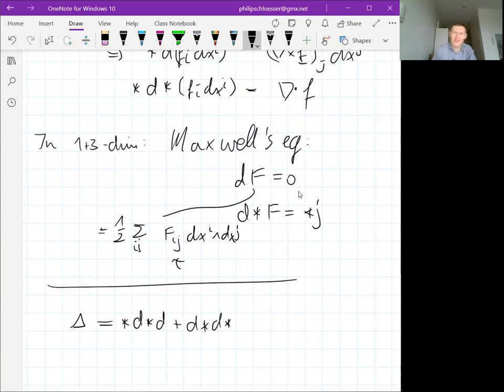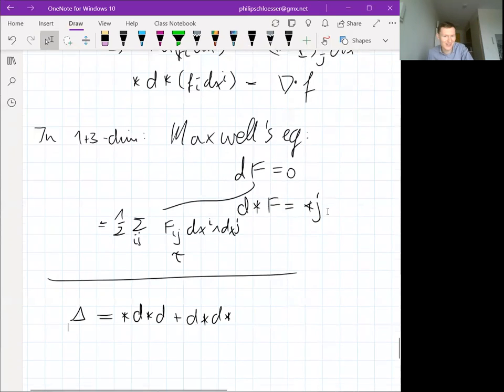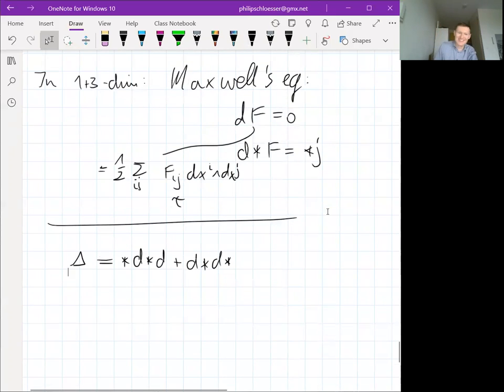And that should be the Laplacian, and that is indeed the Laplacian. Sorry, yeah, Laplacian. I wrote Lagrangian in the lecture notes.